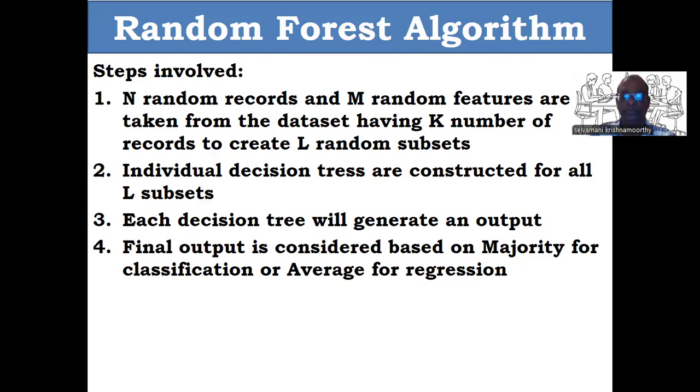That means we need many subsets. Each subset can contain a random number of records and a random number of columns. Is it clear? That is the meaning.